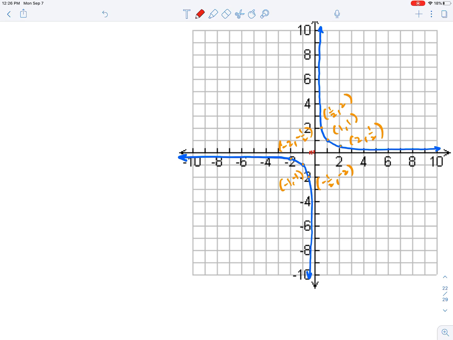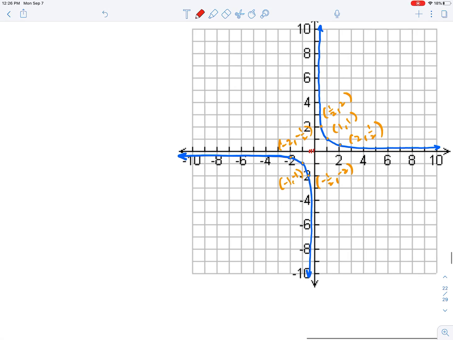If we substituted -1/100, our y-coordinate would be -100, and so on. And for -1/1000, our output would be -1000. So the values get smaller and smaller, approaching negative infinity, which is what the arrow down here indicates.